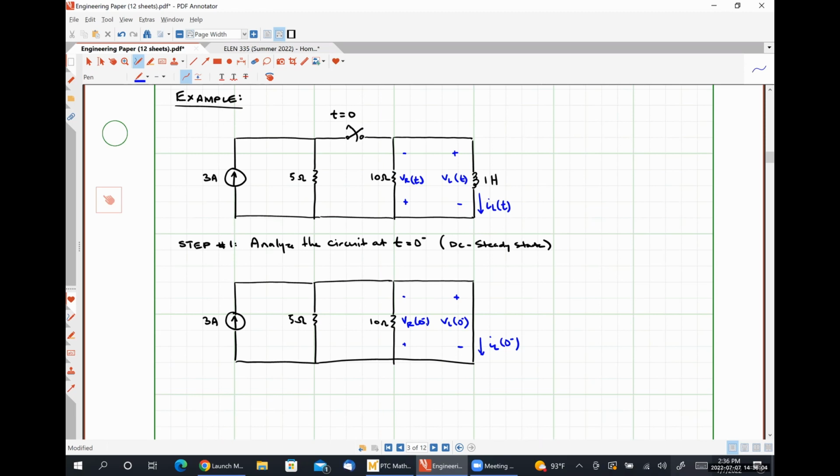I would like some help from you guys, if at all possible, in determining what these quantities are. Does anybody have any thoughts about any of those 3 values? So Devarier has suggested that IL of 0 minus is equal to 3 amps, and he is absolutely correct. Anybody have any thoughts on either of the 2 voltages?